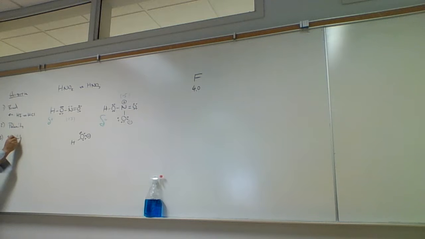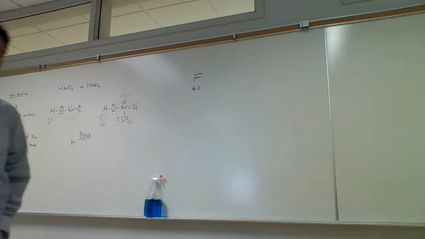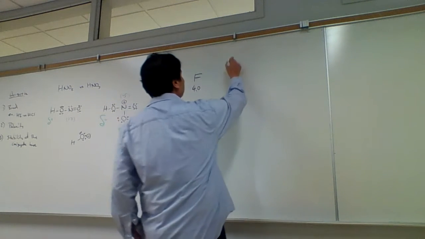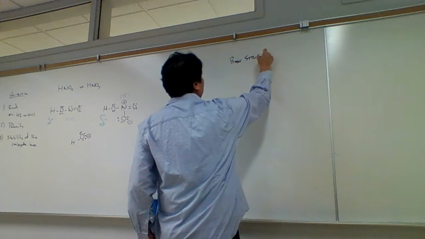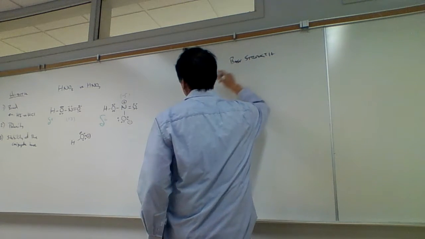The other thing we look at is the stability of the product. In this case, we look at the stability of the conjugate base. And so when we're thinking about bases, let's go over here to base strength for a moment. What makes a good base? Well, a good base is a good proton acceptor.